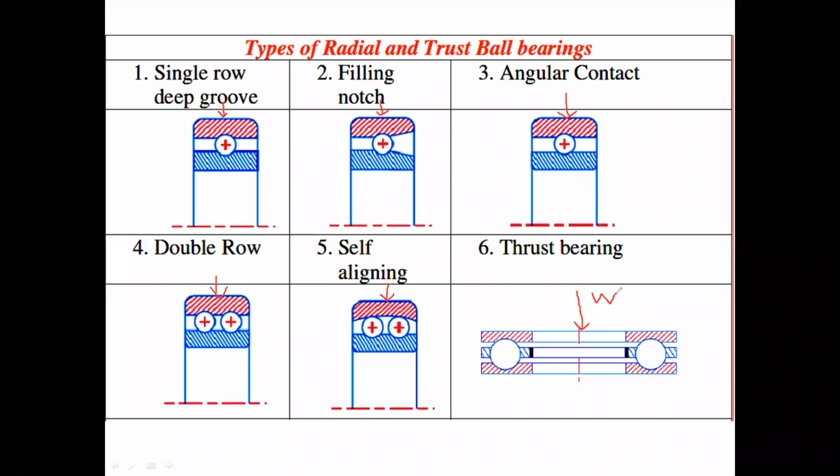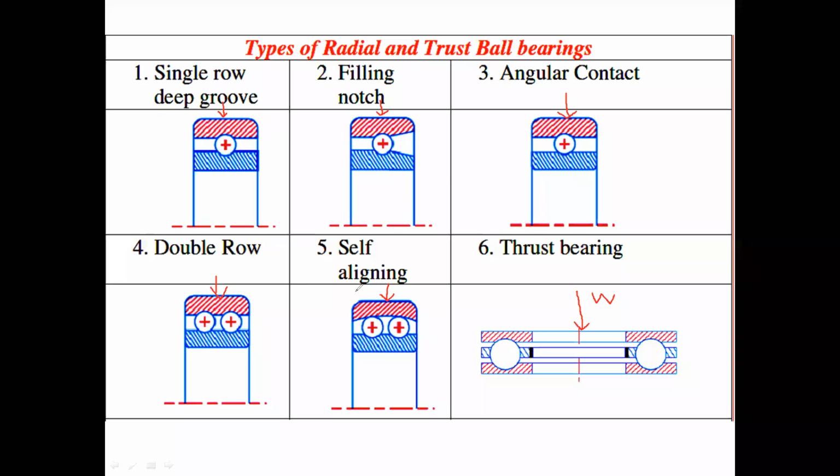It depends on the application, how many balls there are and how much load there is. But the main thing is that there can be load in the radial direction and also in the axial direction. In a thrust bearing, the load is in the axial direction.